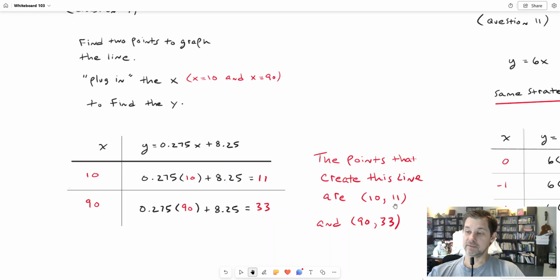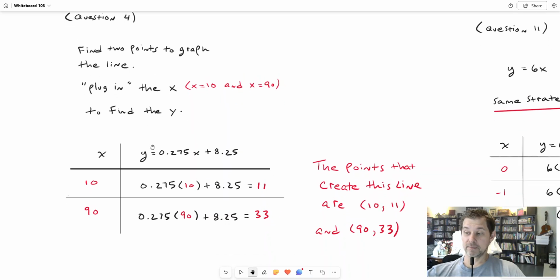Now, all the points in the equation may form a straight line. I can't draw a line if I just know 1 point on it. So they gave me another point, 90. If x is 90, what's y? I put 90 in for x in that equation. I did the same thing. I got 33. So there's another point. This line also contains a point where if x is 90, y is supposed to be 33.